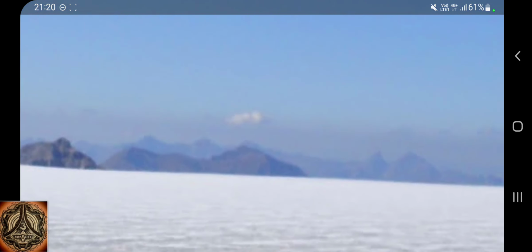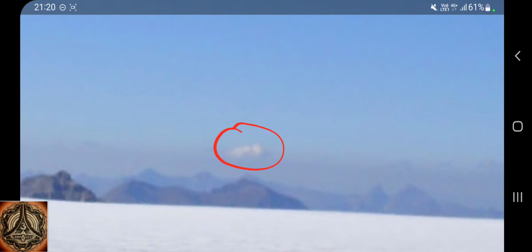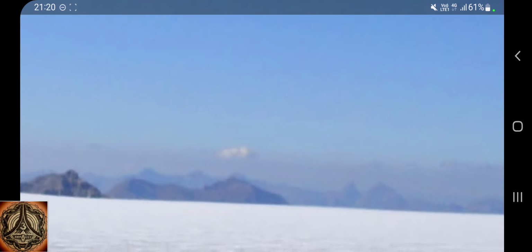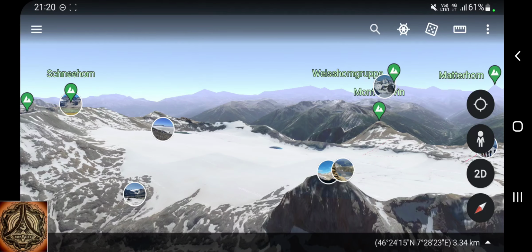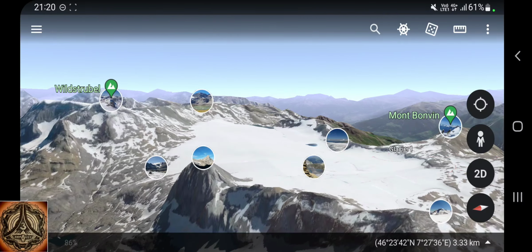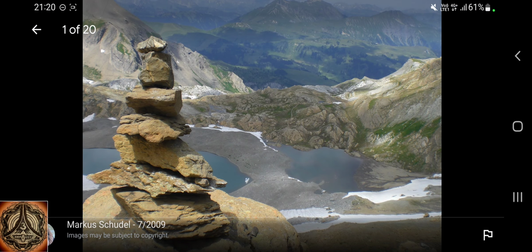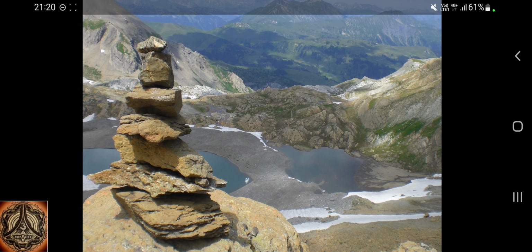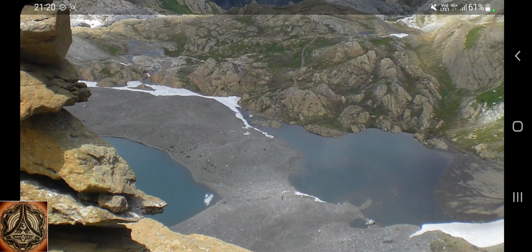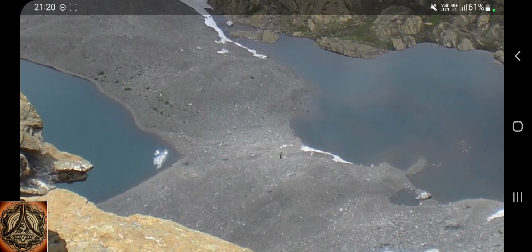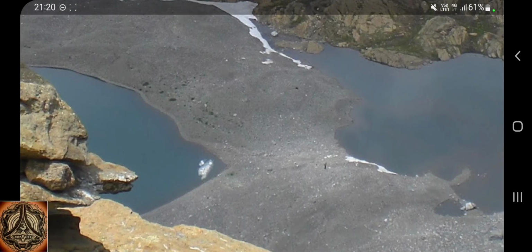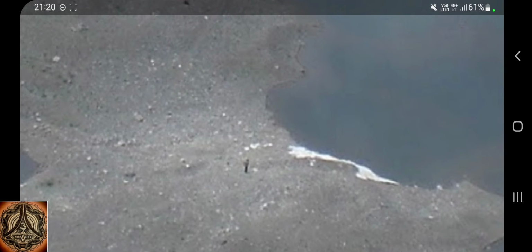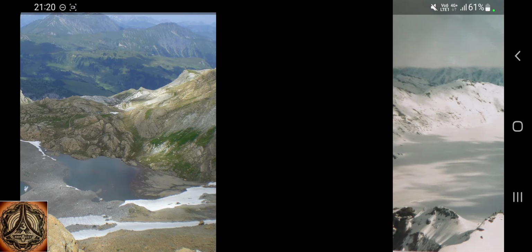And here in the background we can see very nicely this one lonely cloud, which might be there because of the interaction between ground and heavens. I don't know where exactly we are looking or what we are looking at. This might be a person. I don't know.